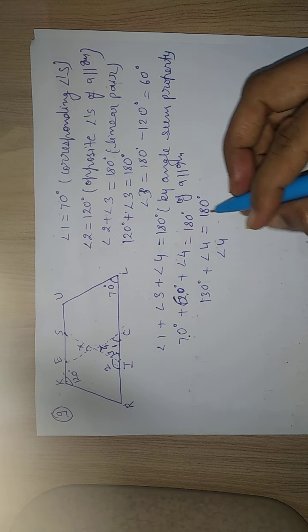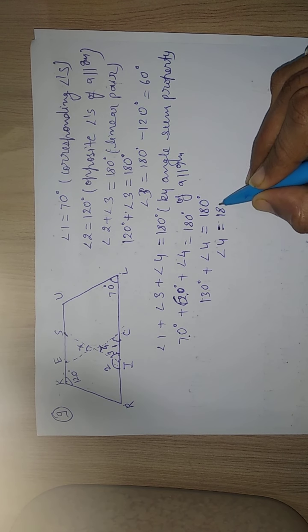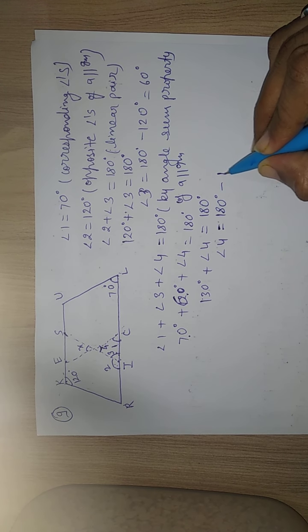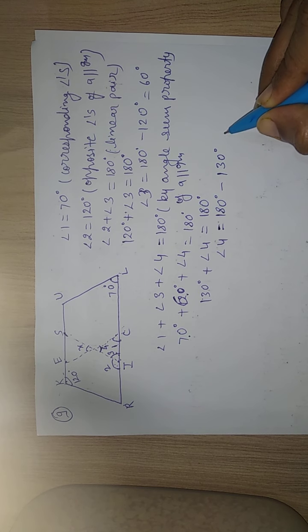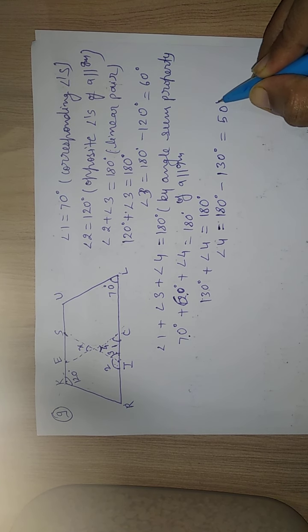So angle 4 is equal to 180 degrees minus 130 degrees, that is 50 degrees.